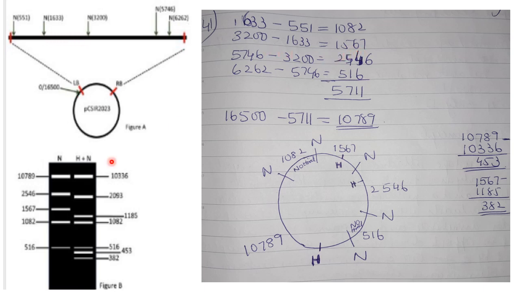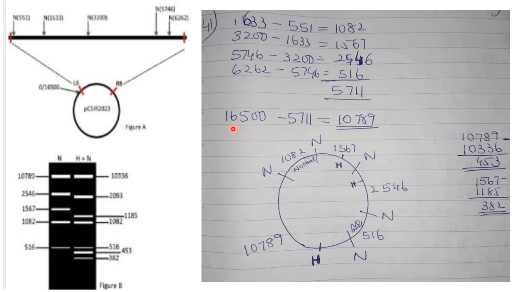That is 1567. That band is seen here. 1567, 1082. Similarly, for these two also, if you calculate, you will get 2546 and 516. Now add up all these, it will come up to 5711.